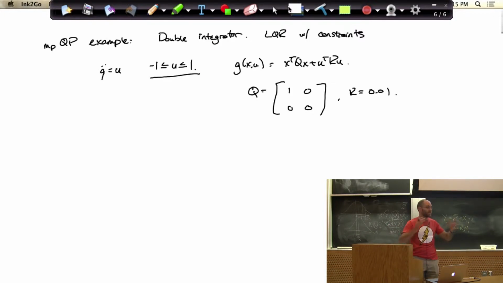You remember the optimal solution, the bang-bang solution of the double integrator. Let's see what it looks like here.